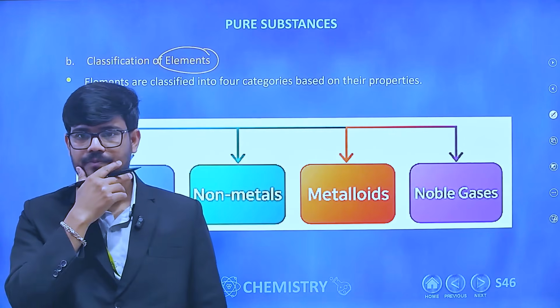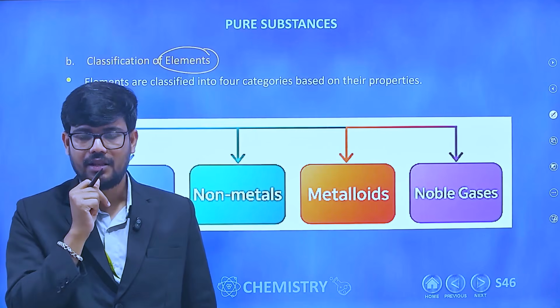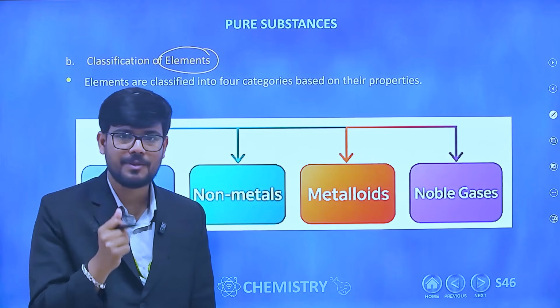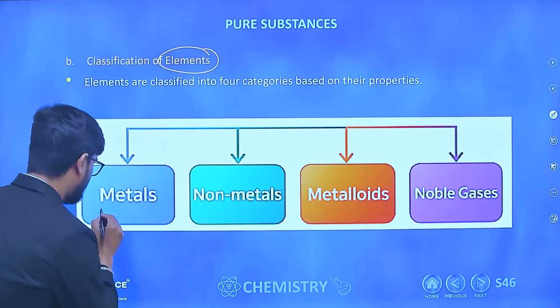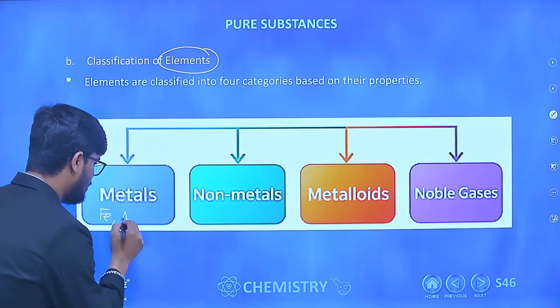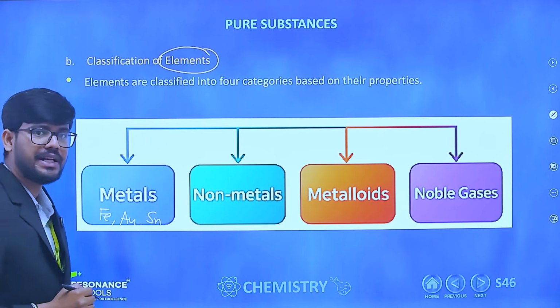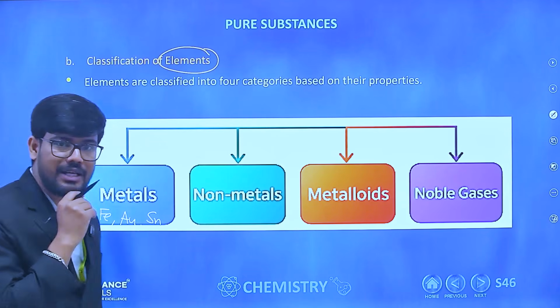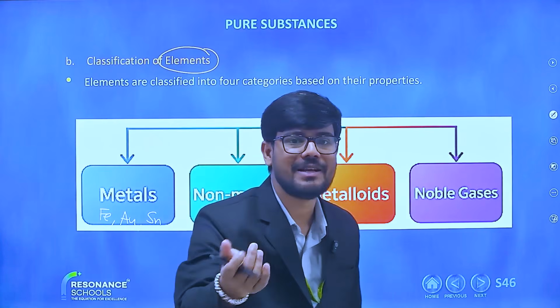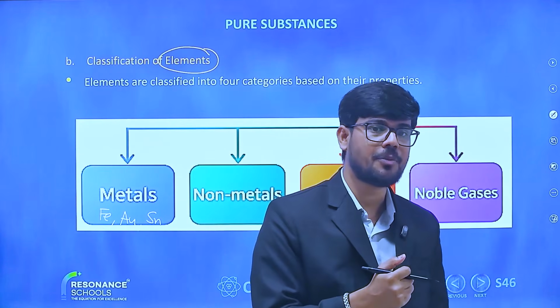If I ask you for some examples of metal, you can say, sir, iron, gold, tin. These are all metals. Why are these all metals? Because they have metallic properties.